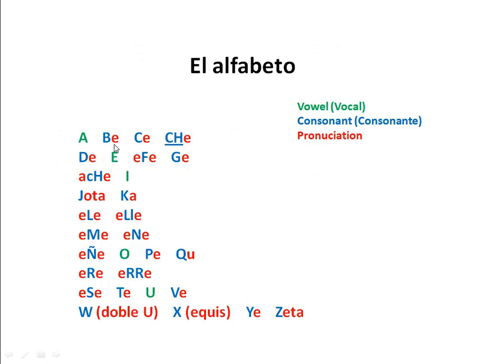A, B, remember that E sounds like E, like egg. B, C, Ch, D, E, F, H, that's the H. Letter H is, in Spanish we say H for that.